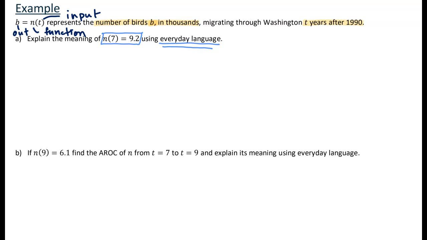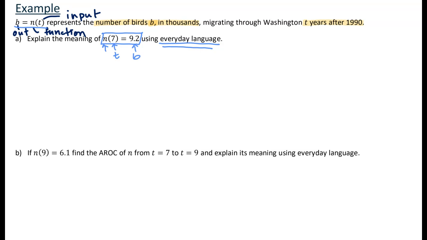So this says that the function n pairs the input 7, which means 7 is a t value because that's what n inputs, with the output 9.2, which means 9.2 is a b value. So it doesn't matter that we've got this written in the opposite order. We had b equals n of t, and now we have n of t equals b, basically.